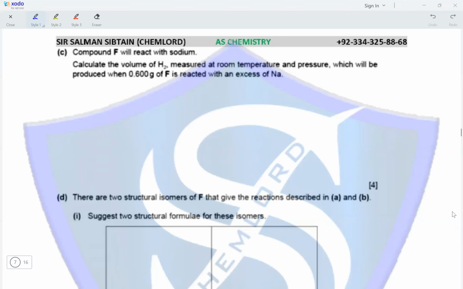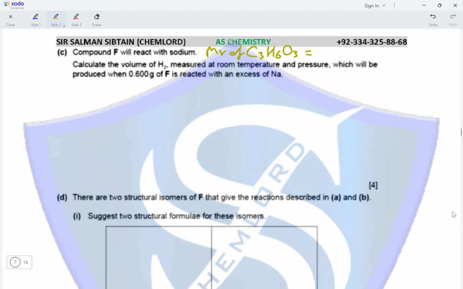Compound F reacts with sodium. Calculate the volume of hydrogen measured at room temperature and pressure, which will be produced when 0.6 grams of F reacts with an excess of sodium. So the first thing we'll do is calculate the Mr of C3H6O3.